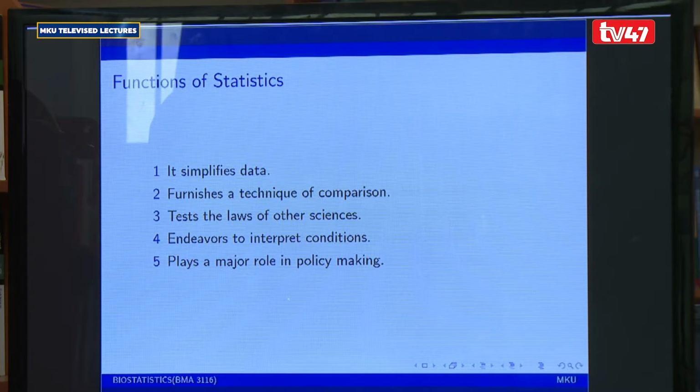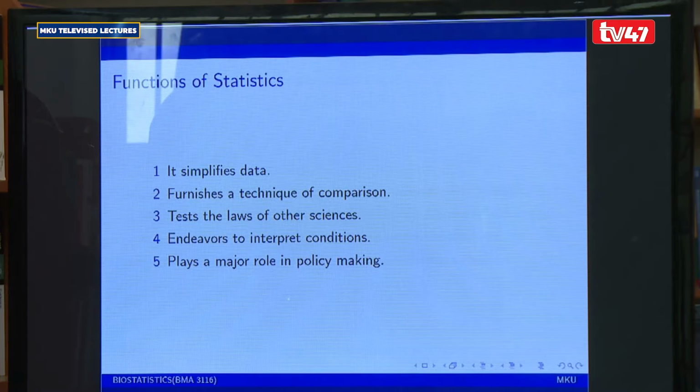The other one is to test laws of other sciences like biology. You could have a law, for instance, that in biology, if I want to increase production of a certain type of species like fish, then I have to increase the quantity of food that I'm feeding to the fish. So that's a law in science.